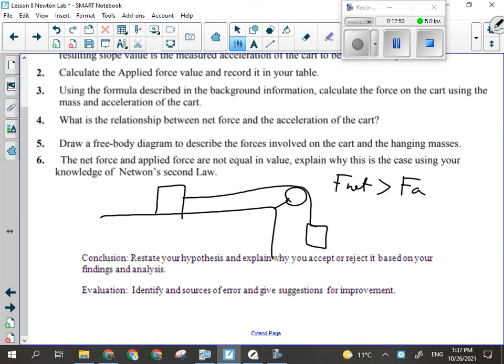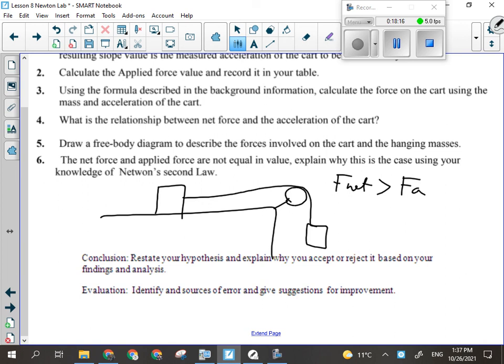If you found that, that means there wasn't just this force. Something else was also pulling the cart forward, not just the hanging mass. That does happen. It's the less common of the 2, but it does happen. You have to try and figure out what that other force might be.